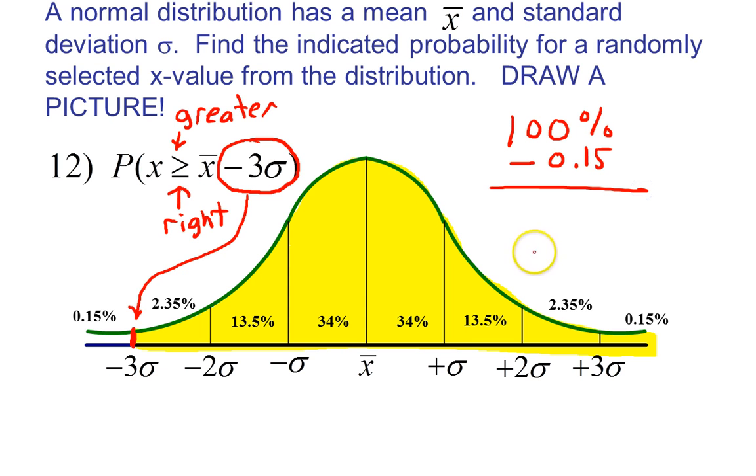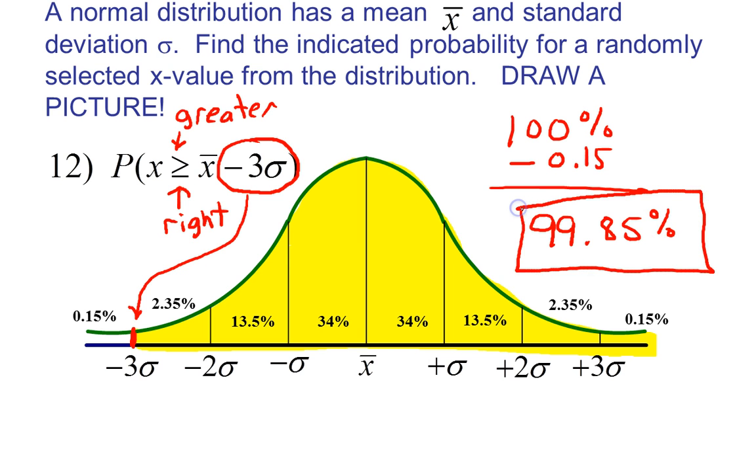Okay, so I'm pretty sure that's going to be 99.85%. That is what my gut tells me. It definitely would be the long way to add up all these numbers from here to here, but that would work too.